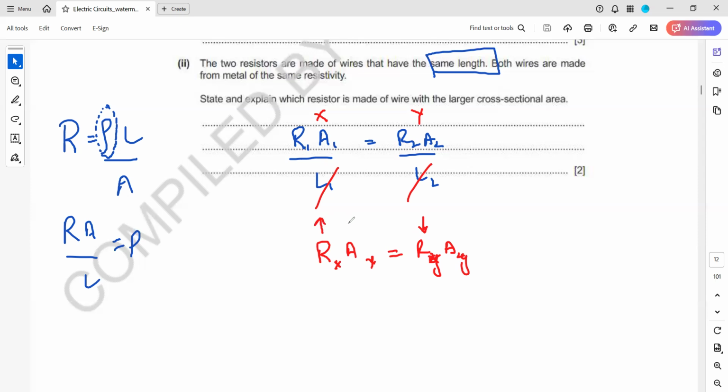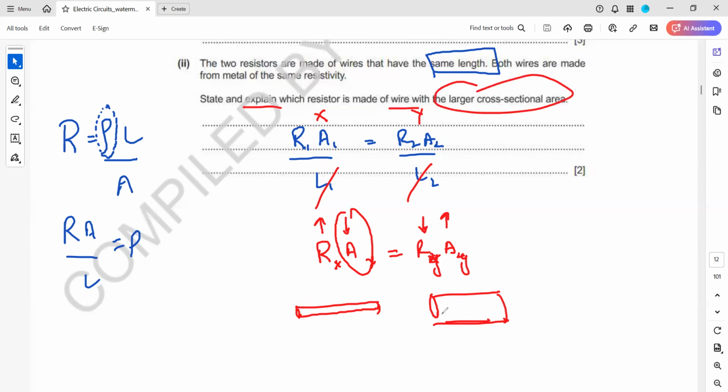So the one with a high resistance will be a thinner wire, but the one with a low resistance will be a thicker wire with the same length. So, state and explain which resistor is made up of a wire with a large cross-sectional area. Which wire has the greater cross-sectional area? So Y has a larger cross-sectional area.